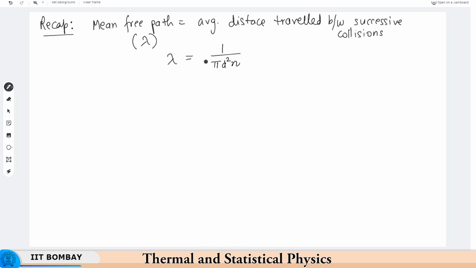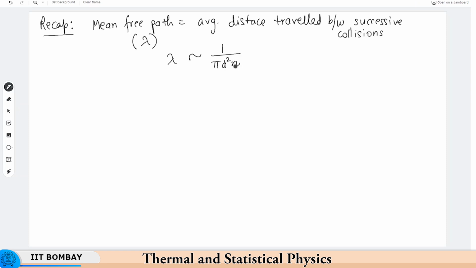If we assume that all other gas molecules are stationary, then we have pi, but if we assume that all other gas molecules are either moving with some fixed velocity, say v rms, or there is a Maxwell distribution, this coefficient changes. I think it's square root of 2 and 4 by 3 respectively in those two cases. But the important thing is that the mean free path is inversely proportional to this factor.